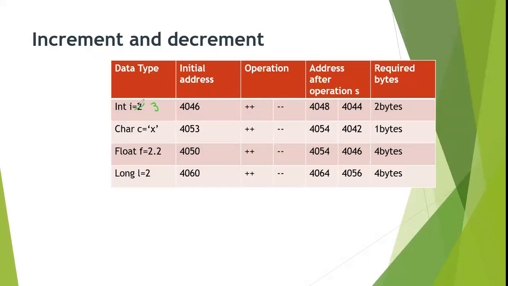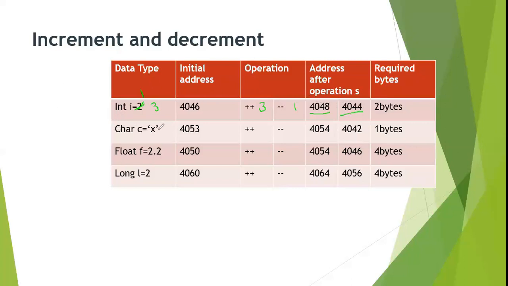Similarly, as soon as I increment, the address will also be increased by the number of bytes, so it will be 4048. But if I write minus minus, that means from 2 I am making it 1. Here comes 3 and here comes 1. As soon as I decrement it, the address will also be decremented, so it becomes 4044, right?